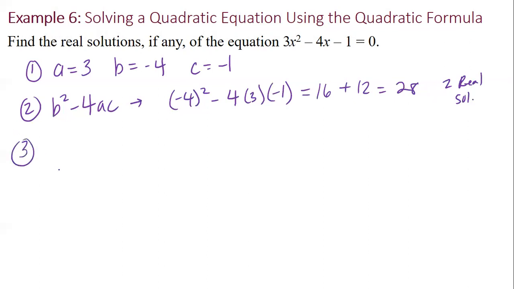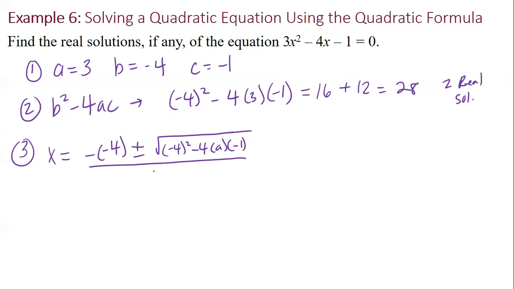So now I apply the quadratic formula. X equals negative b plus or minus the square root of b squared minus 4ac divided by 2a. I'd put the a and not the actual 3. I'm hanging on by a thread, guys.